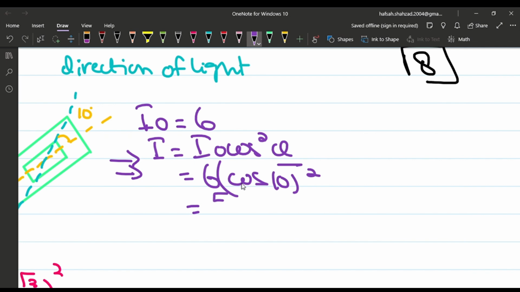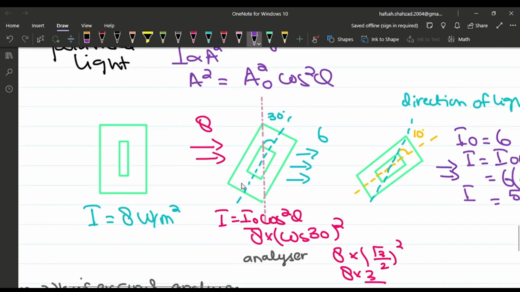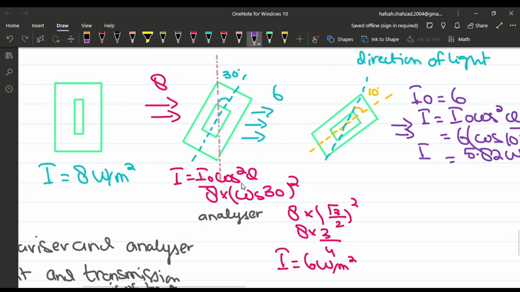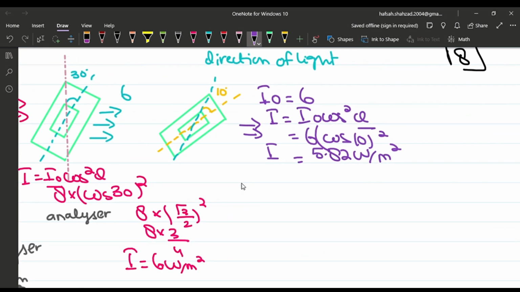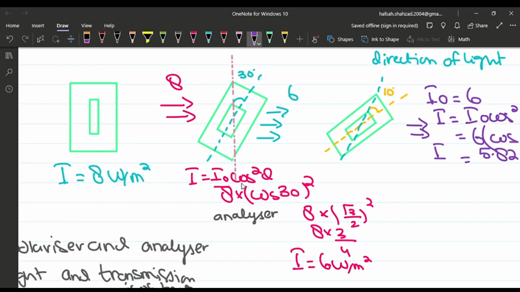So the final intensity of the light coming off from polarizer number 3 is 5.82. So our intensity of light, as you saw, gradually decreased from 16 to 8 to 6 and then to 5.82. So we can use polarizers as well to decrease the intensity gradually.